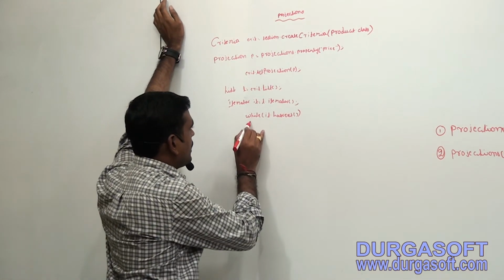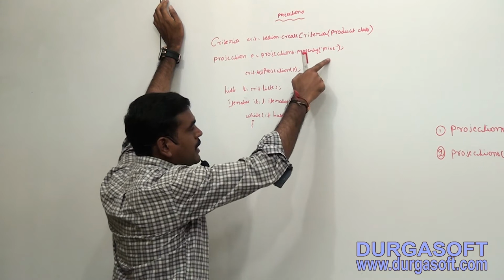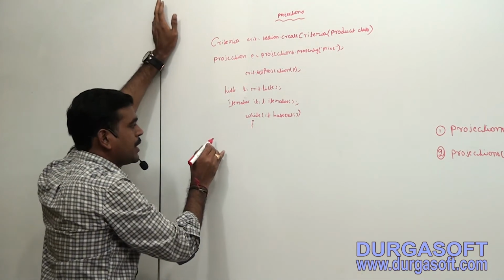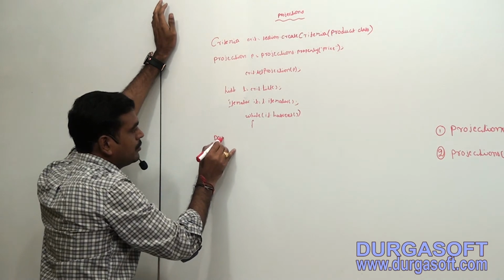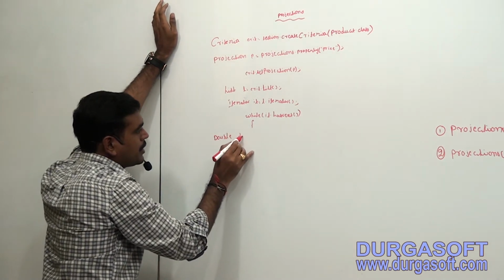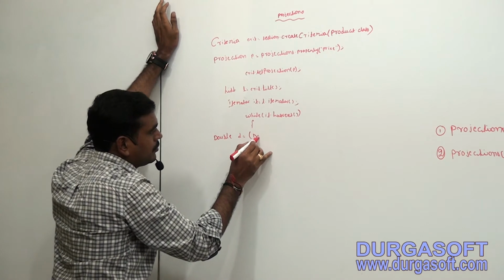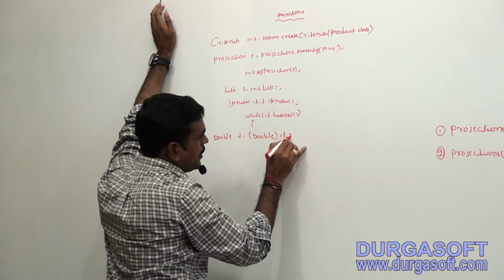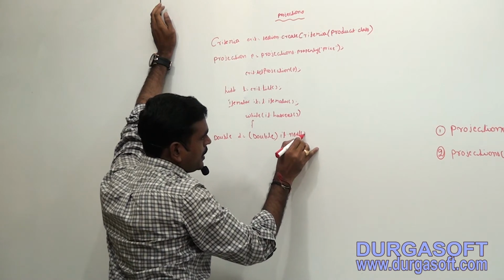The next after that, here we are selecting a single column, right? So that is the reason we can typecast directly here. Double D is equal to Double of it dot next. Otherwise float also we can take.